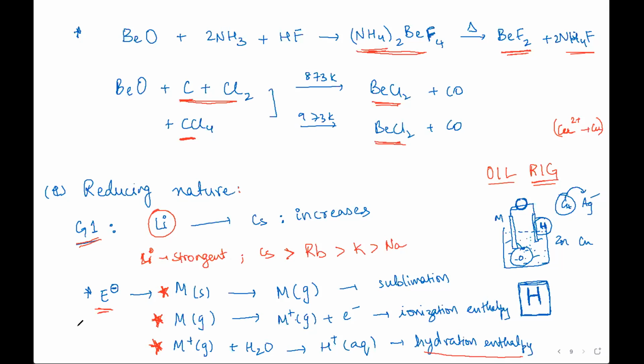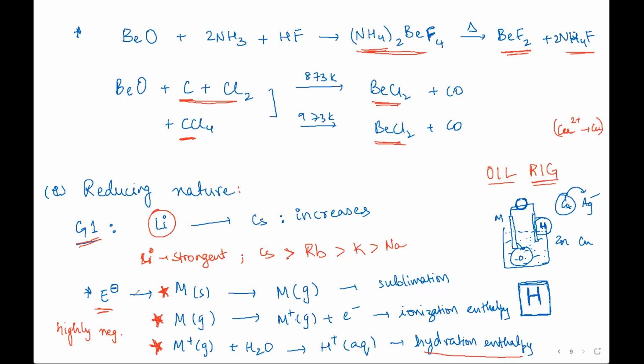So if the E naught value by default is negative, it means that it is easily reducing. It is harder to get oxidized as compared to hydrogen. So it will have a reducing tendency.